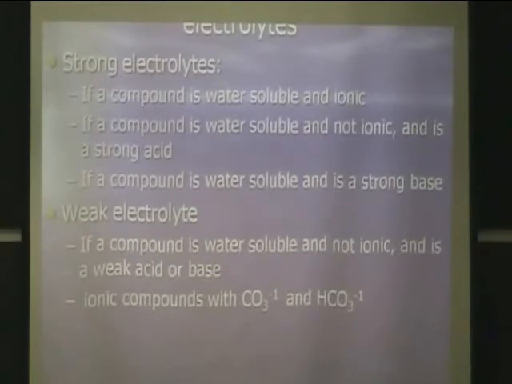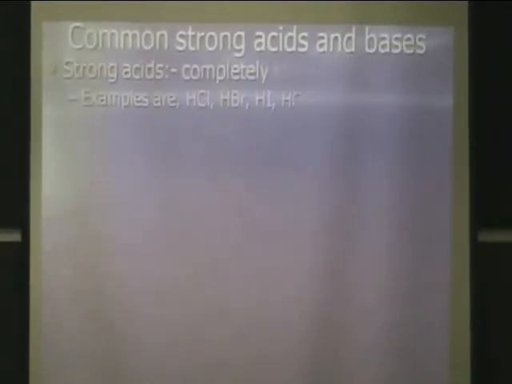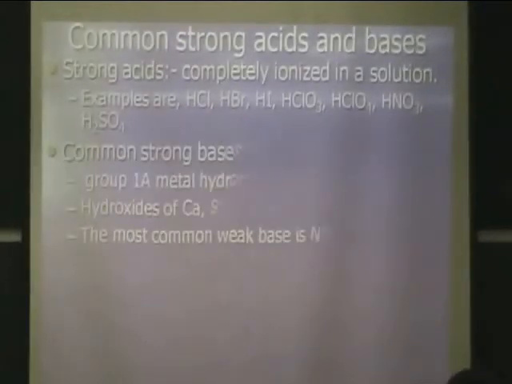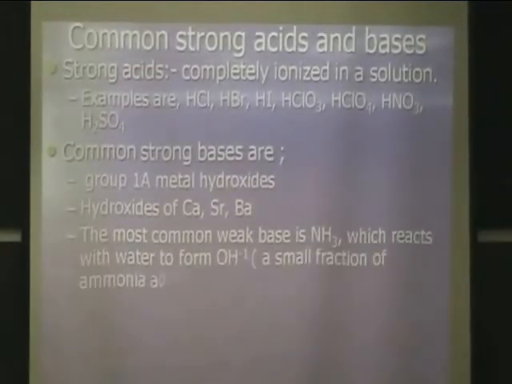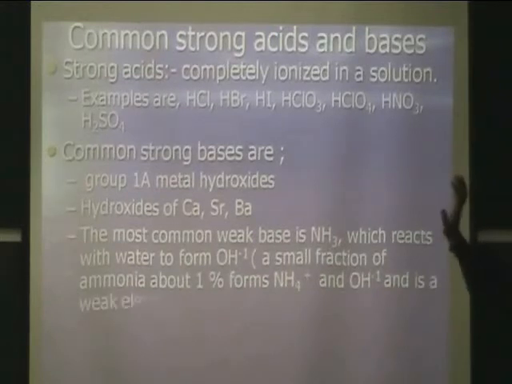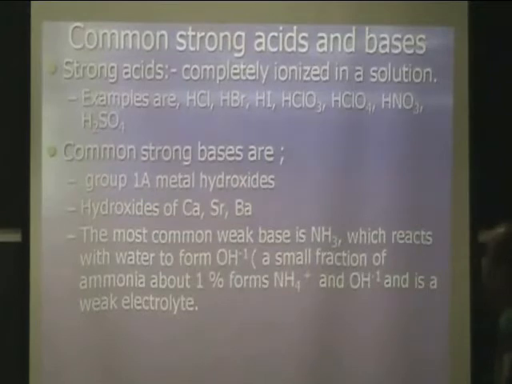Maybe I can give you what are strong acids, okay? In most cases, experiments show that these acids are considered to be strong acids. This is experimentally determined that these acids listed here are considered to be strong acids.